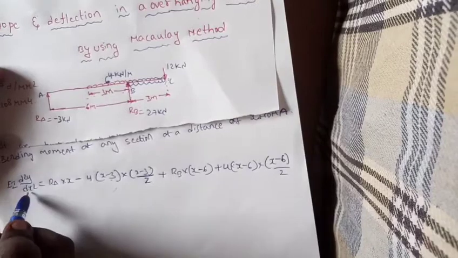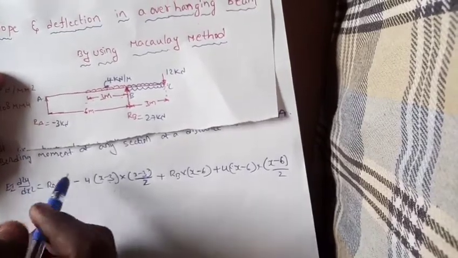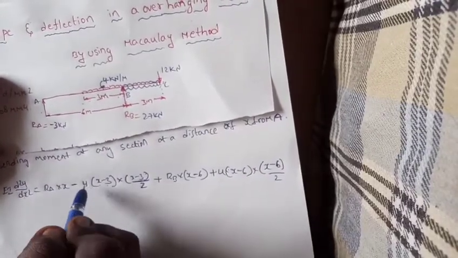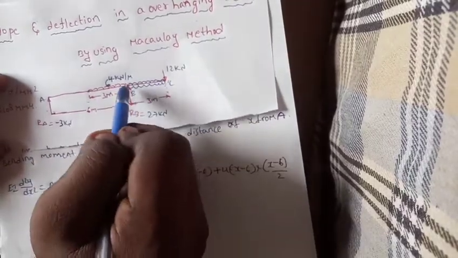So EI into d square y by dx square is equal to the reaction RA into the total distance, RA into x, minus 4 into, because the UDL from this point to this point, this is one UDL.